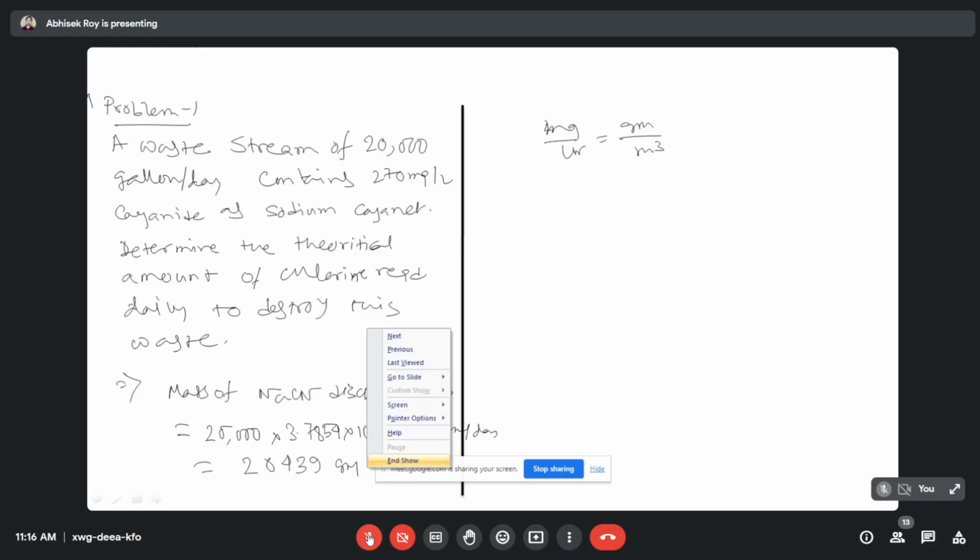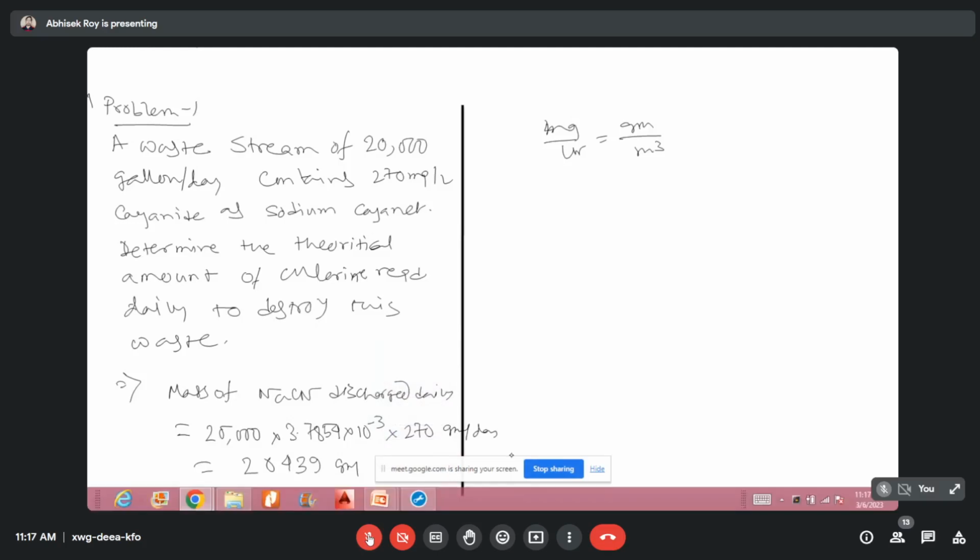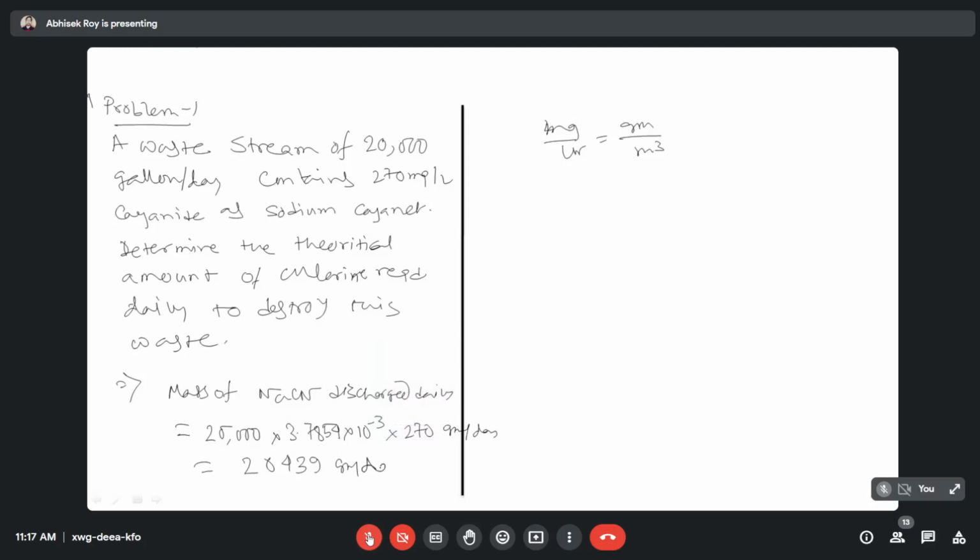Now we have calculated how much gram per day of NaCN is present, but how much gram mole of NaCN is present or discharged daily, that you have to calculate.